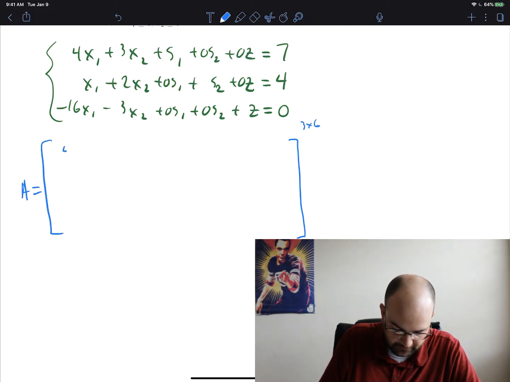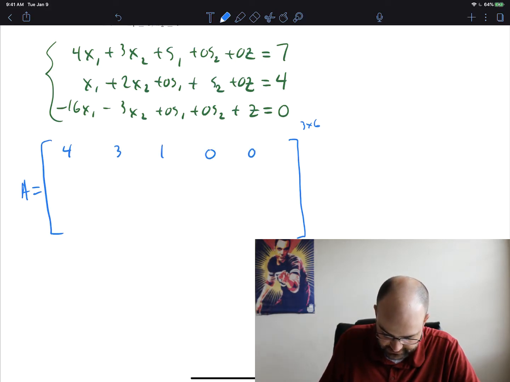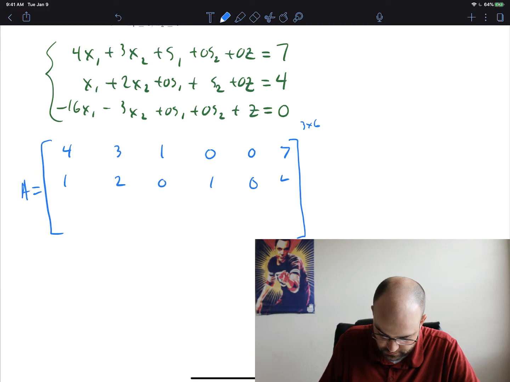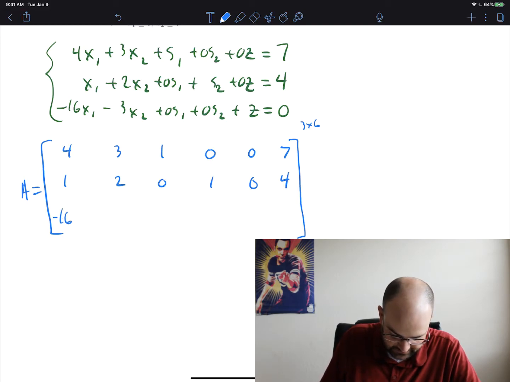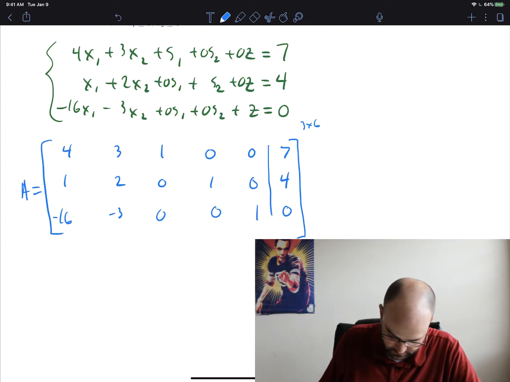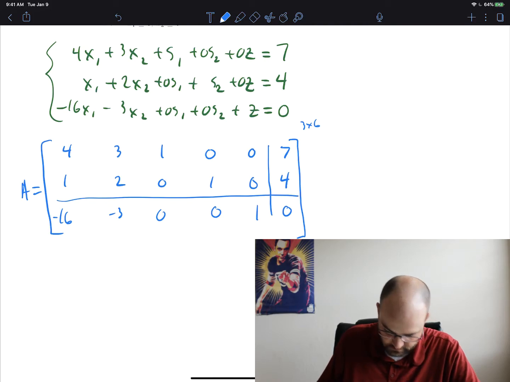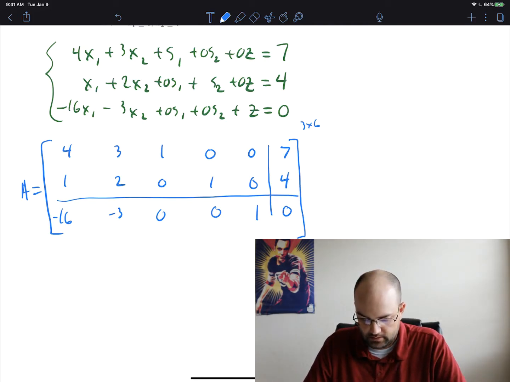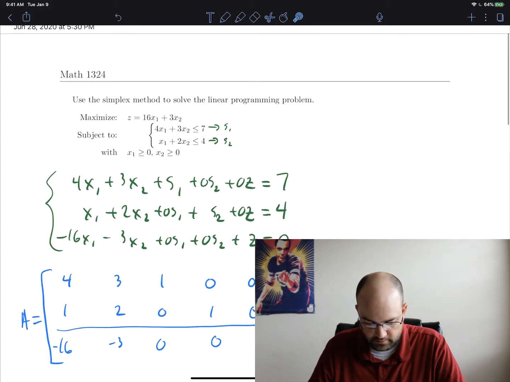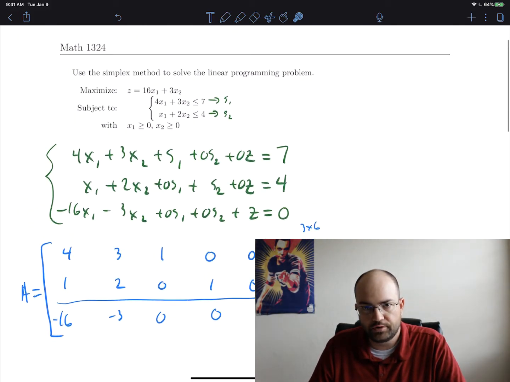So this will be 4, 3, 1, 0, 0, 7, 1, 2, 0, 1, 0, 4, negative 16, negative 3, 0, 0, 1, 0. Awesome. This is the initial simplex tableau for this linear programming problem.